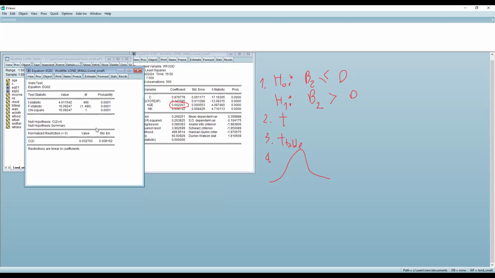Okay, so you can see this is the Wald test, and it can test whether beta is 0 or not. So you can jump and see the probability. The probability here is less than 0.01. It means we reject H0, right? It means beta 2 is greater than 0.